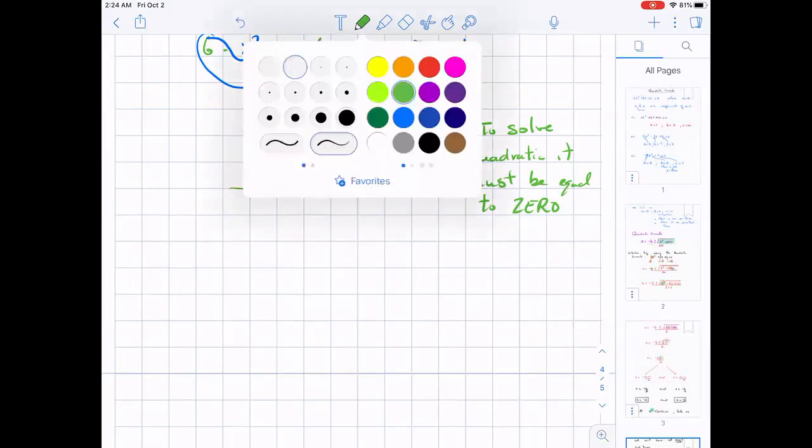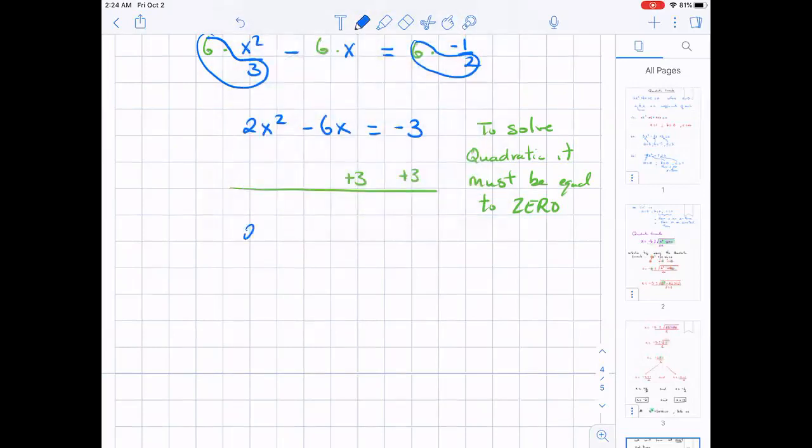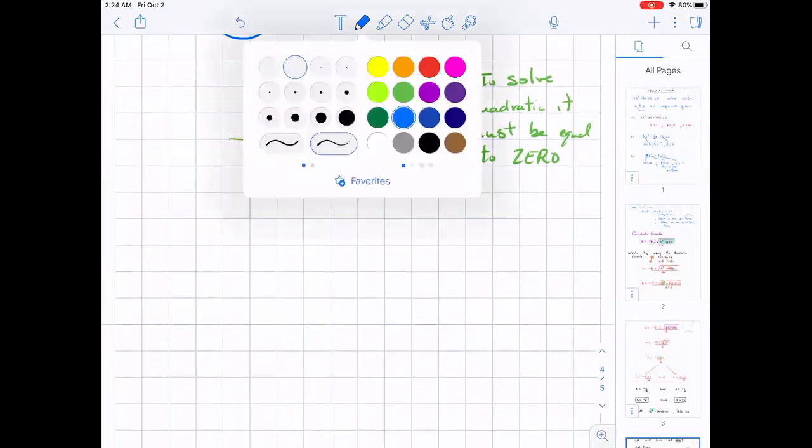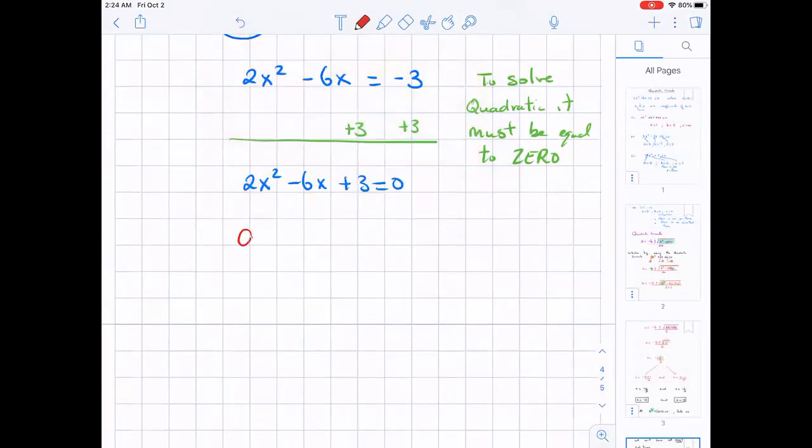And if we do that, we have 2x squared minus 6x plus 3 equals 0. Not until now can we say that a here is equal to 2, we're getting that from here. b is equal to minus 6, we're getting that from here. And c is equal to 3, we're getting that from there.